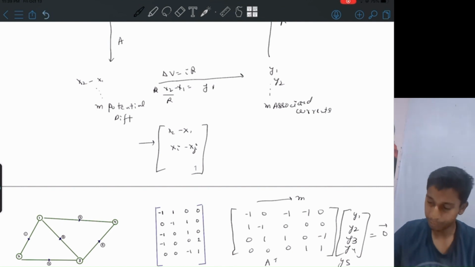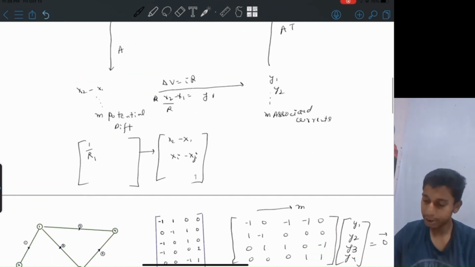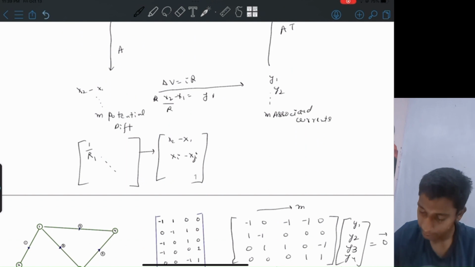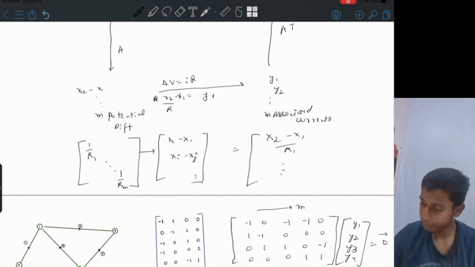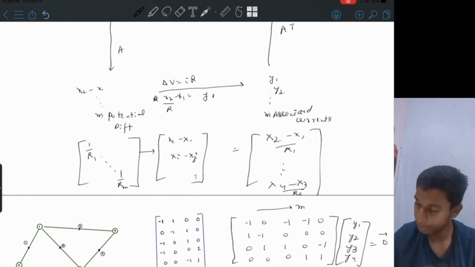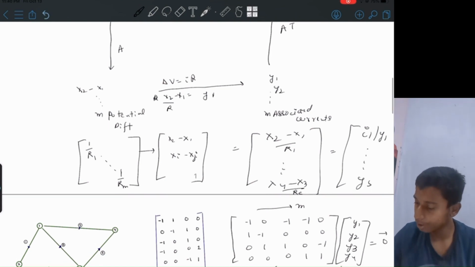If we multiply it by, say, 1 by r1, where r1 is the resistance in the first wire, and similarly for all the diagonal entries up till rm, then we would get x2 minus x1 by r1, up till the last row, x4 minus x3 by r5. These represent the currents i1, or y1 as I have included in the second page, up till y5.